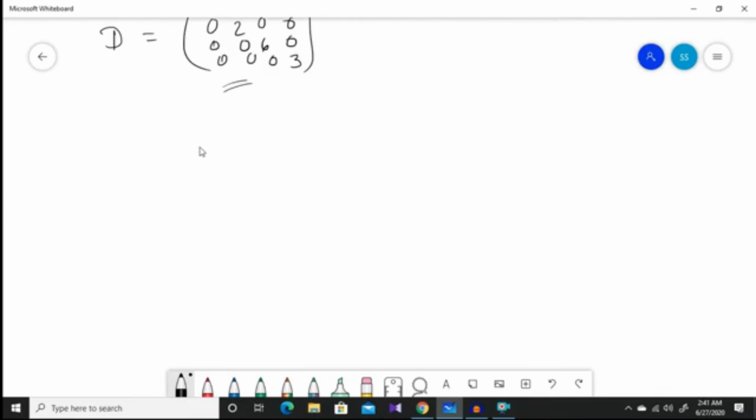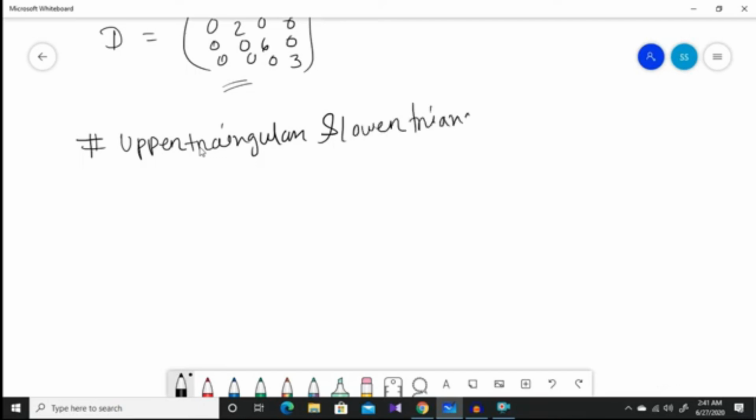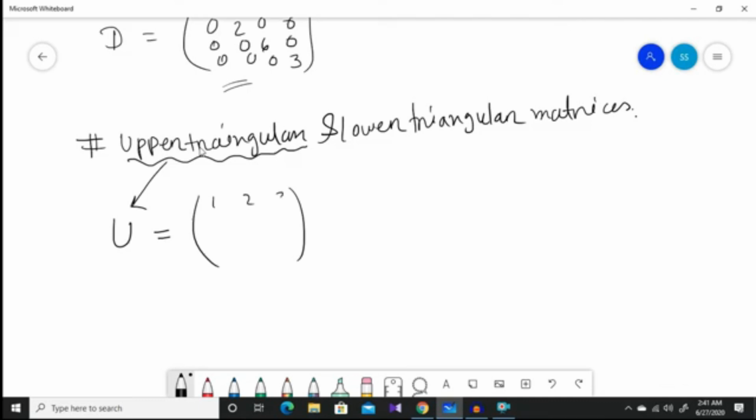Now we want to take a look at something that's called upper triangular matrix and lower triangular matrices. Let's denote the upper triangular matrix by U, and let's say you have 1, 2, 3, you have 0, you have 5 over here, 6, 7, 0, 0.